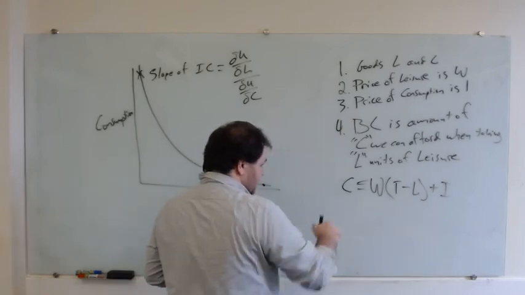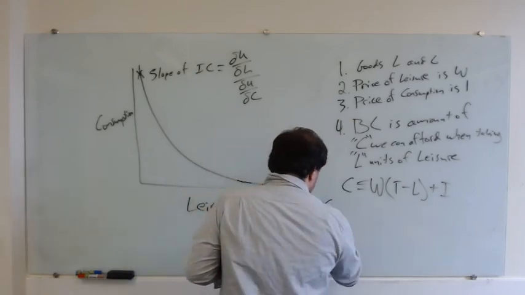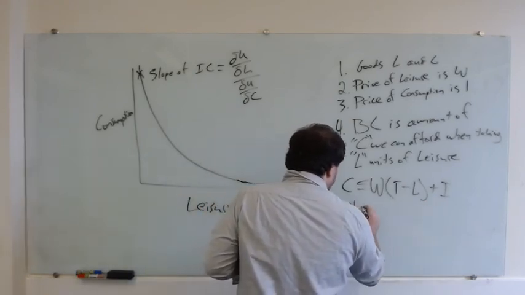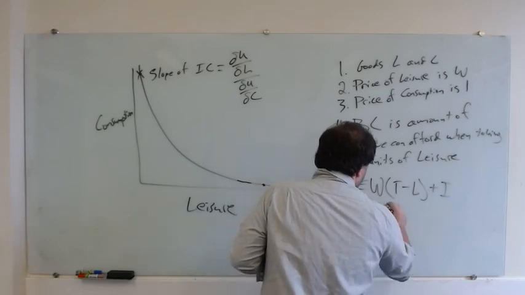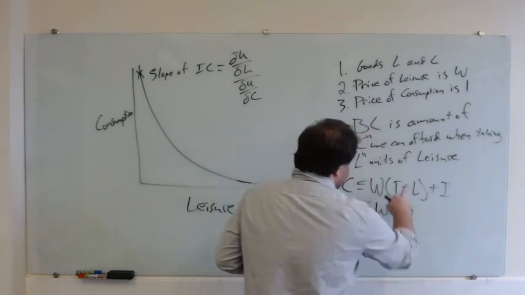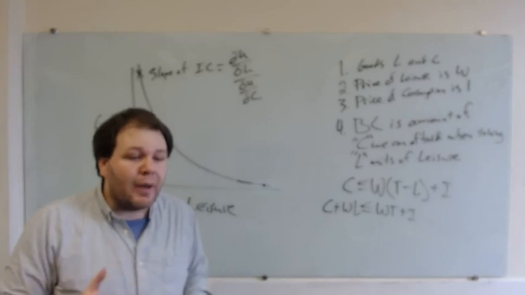Or we can rearrange this to look more like a typical budget constraint: C plus WL less than or equal to WT plus I. And these are saying exactly the same thing. Okay, awesome.